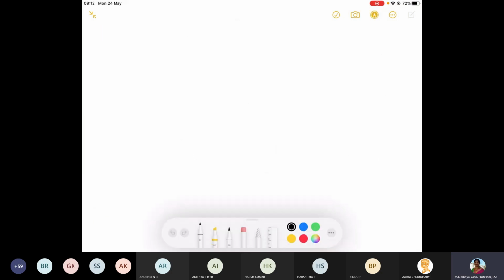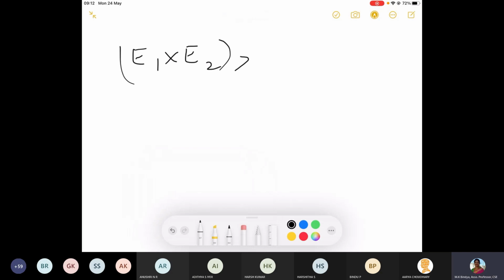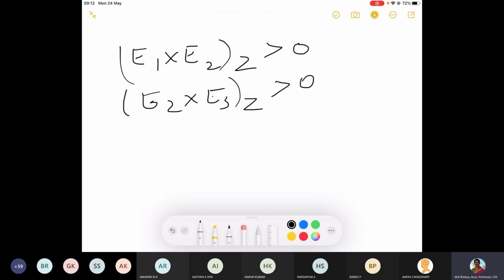So when you do it like this, the edge vector E1 cross E2 with respect to Z is greater than 0. Like that, E2 and E3 with respect to Z is also greater than 0. Then E3 cross E4 with respect to Z is less than 0.